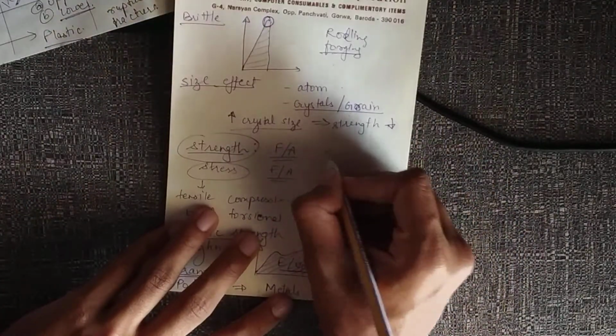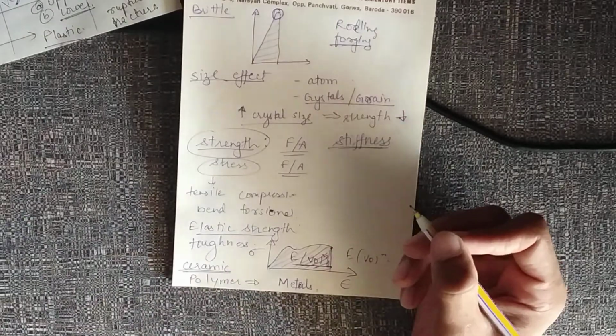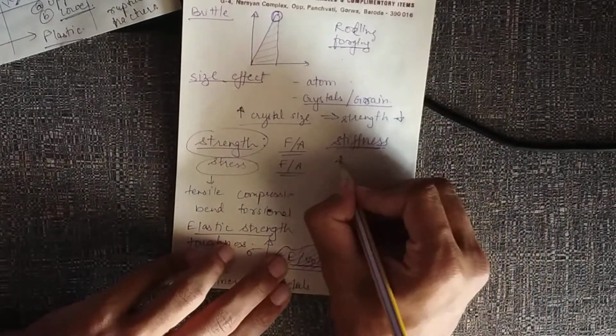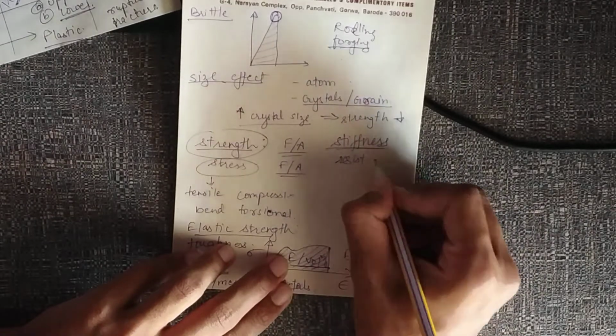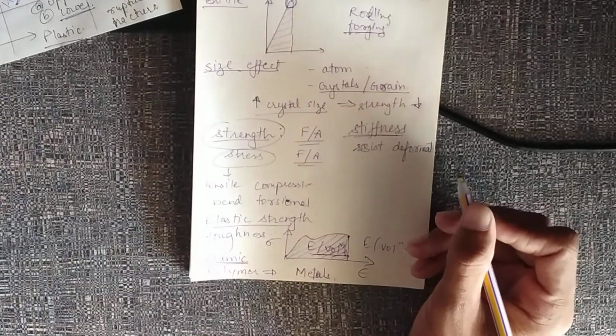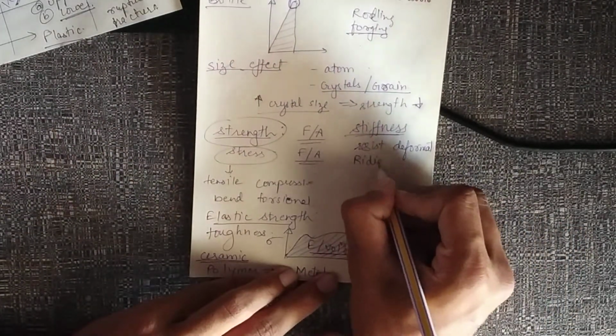Then the next thing will be stiffness. Stiffness is the property of a material by virtue of which it resists deformation. We want to resist deformation. Stiffness is measured by the modulus of rigidity. So rigidity is another important word.